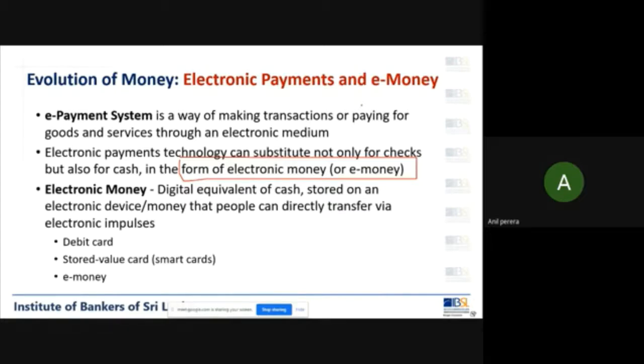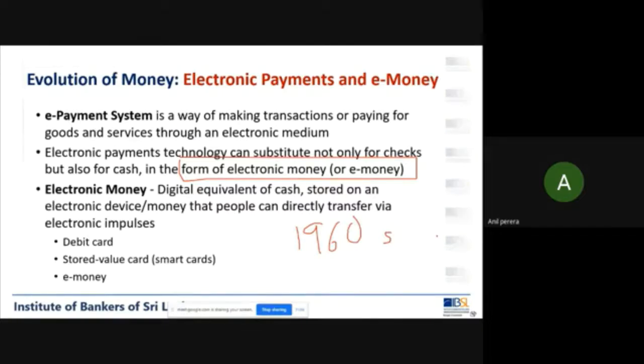And also you can do transactions or fund transfers using electronic impulses. So during the 20th century, especially after the 1960s, you will see these transactions becoming very popular.